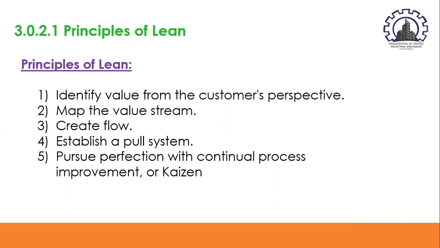But also, we need to bear in mind that Toyota maintains that lean's main thrust is not the tools, but the reduction of three types of waste: non-value adding work, in Japanese called muda, overburden or mori, and unevenness or mura.